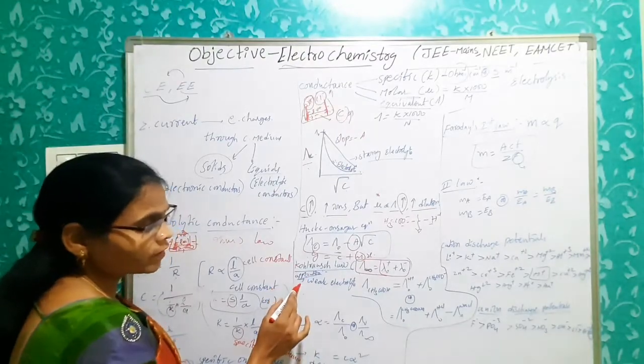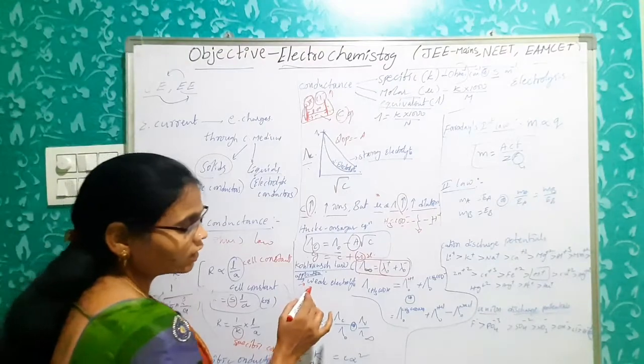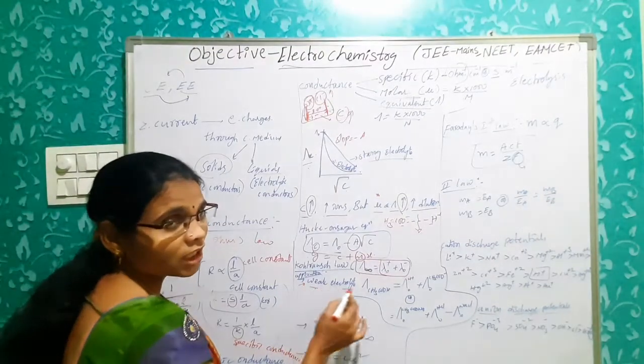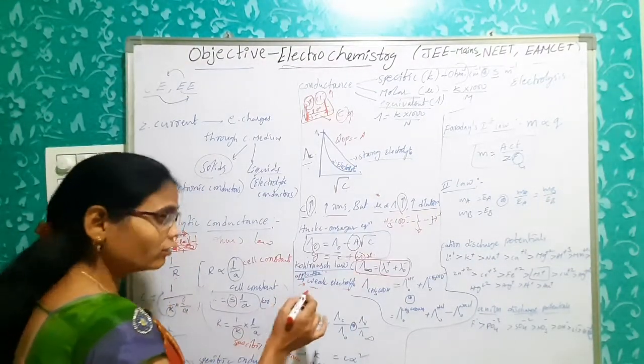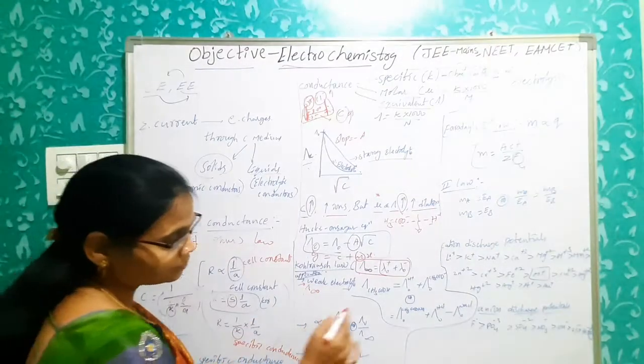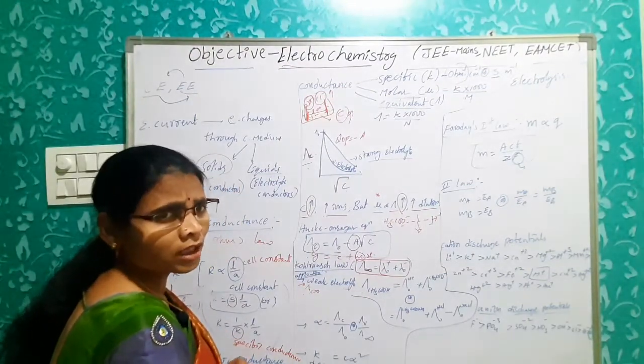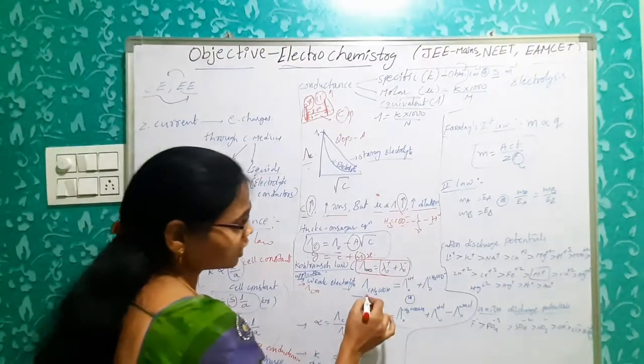This Kohlrausch law is useful to calculate the equivalent conductance of a weak electrolyte. Organic solutions are weak electrolytes.